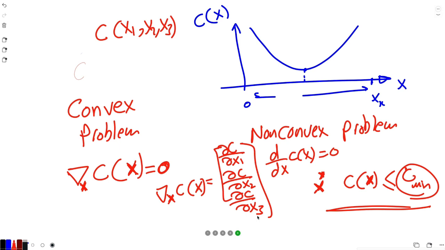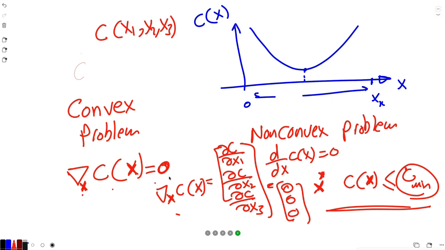It is as simple as this. We have a vector with three elements, and every element has the differentiation of c with one of those parameters, and this should be 0. Zero vector means 0, 0, 0 in this case. At this point we achieve the critical point. It can be a minimum, a maximum, or a saddle point, but this will be achieved at the gradient of c of x equal to 0.